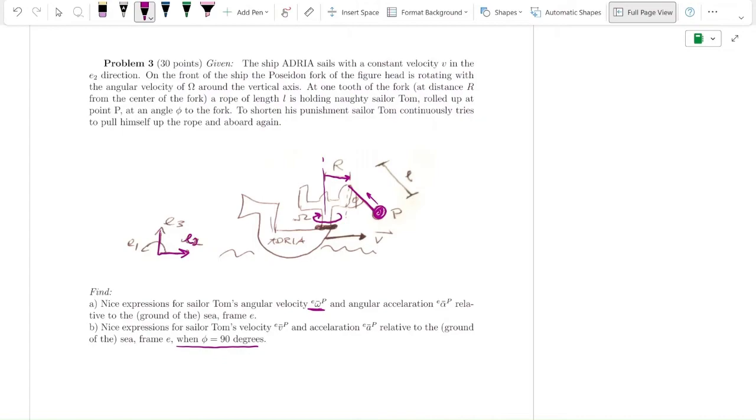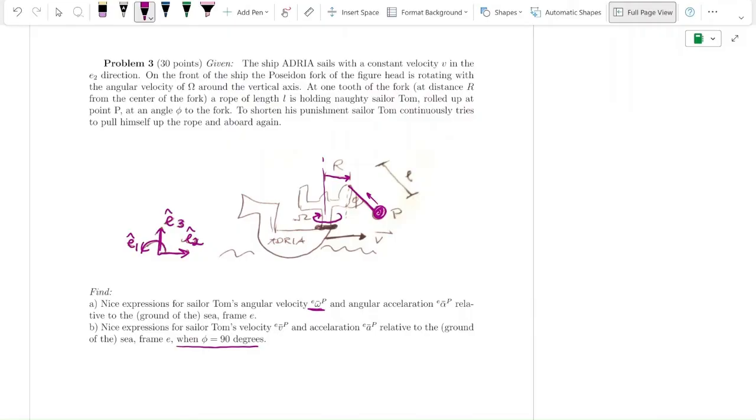So we have E2 hat, E3 hat pointing up this way, and then E1 hat coming out of the page. The first step in all of these cases is you want to create your reference frame. The first rule of thumb is to create a reference frame for all the different complex rotations.